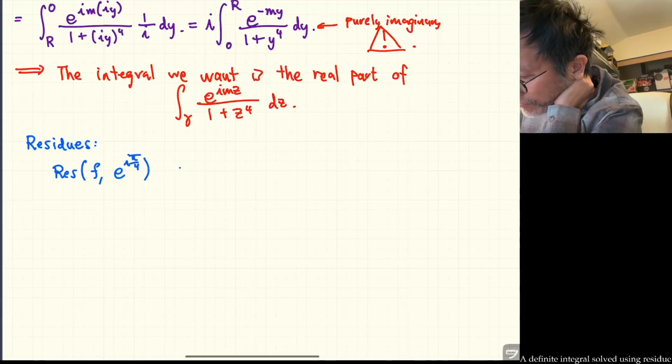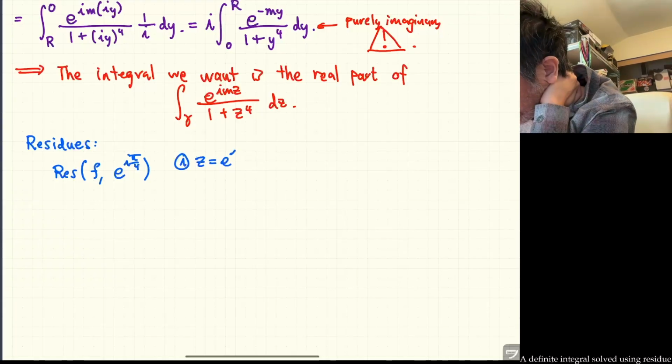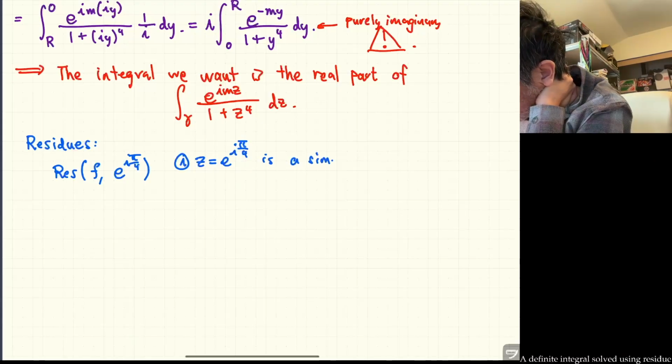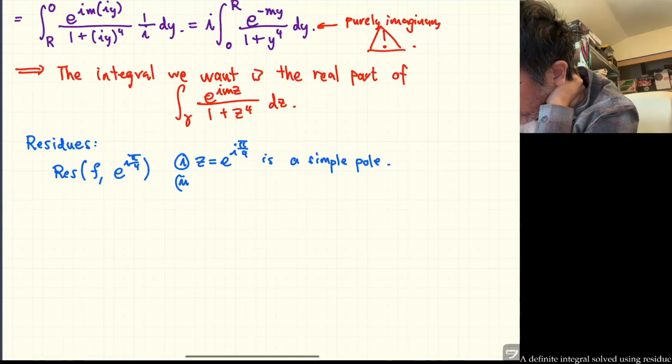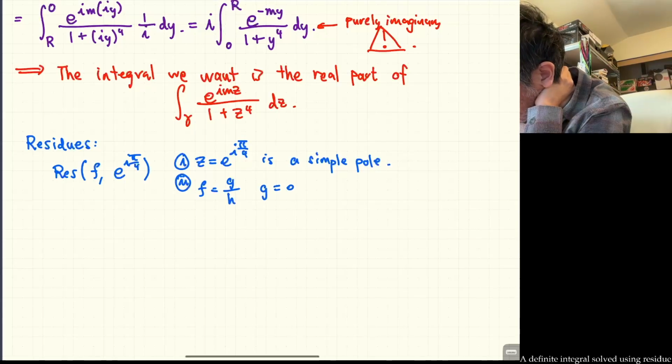So, first point, z equals e to the i pi over 4 is a simple pole. Second point, let's define f to be equal to g over h, where g is equal to e to the imz, and h is equal to 1 plus z to the fourth.